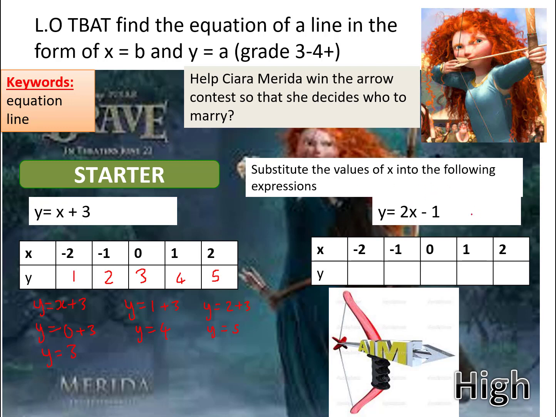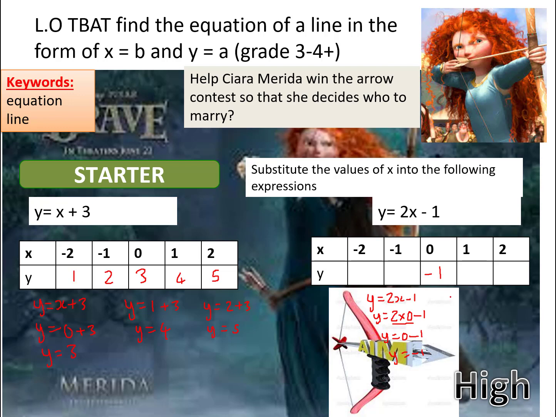Now this is something a bit more challenging and very important for straight line graphs, so let's write that out. Let's start with 0 again, so y equals, this means 2 times something, so that's 2 times 0 in this instance, minus 1. Remember rules of BIDMAS guys, so y is going to actually equal 0 minus 1, so y equals minus 1 here.